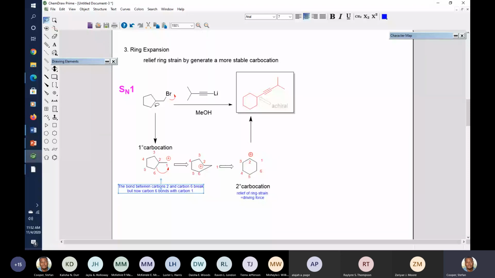I'm not going from a 6 to a 7 because the 6-member ring is so much more stable. All right, so I should mention this over here. This has to be a carbon cation next to a 3, 4, or 5-member ring only. Okay.